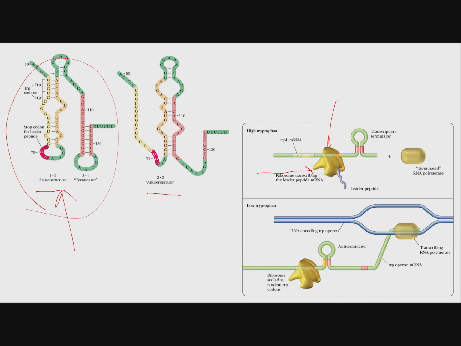with transcription termination. But if there is not a lot of tryptophan, if tryptophan isn't plentiful, then what ends up happening is the ribosome doesn't move as fast along the mRNA because it's waiting for tryptophan to show up. This allows for the ribosome to be in different places when these hairpin loops are forming, and an anti-terminator loop might form, which will have the effect of essentially keeping the ribosome from catching up to any of the other structures if they do form.